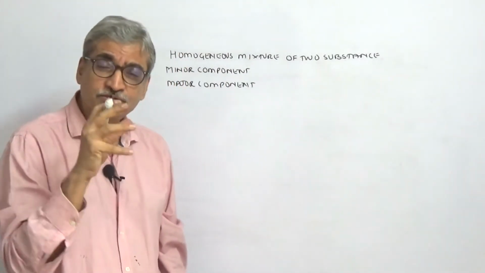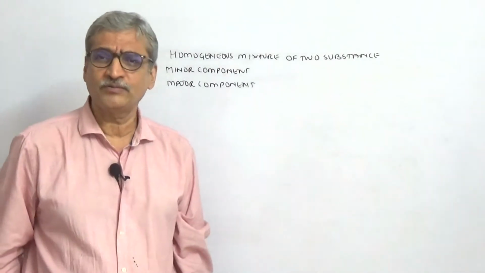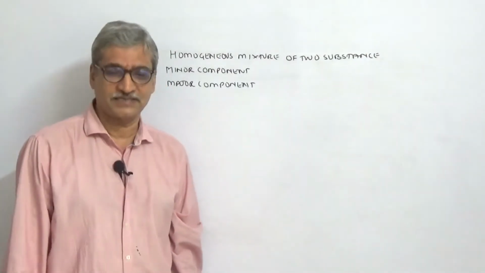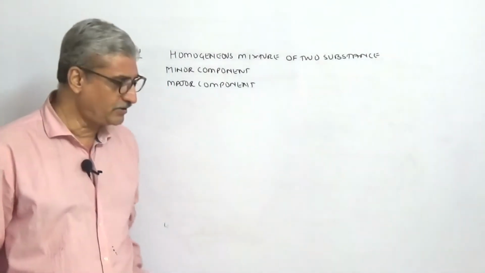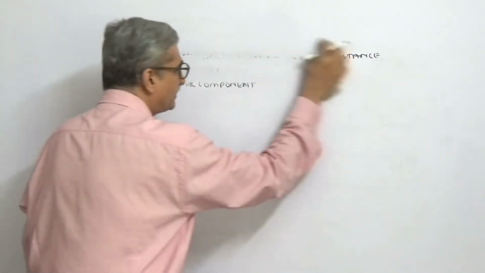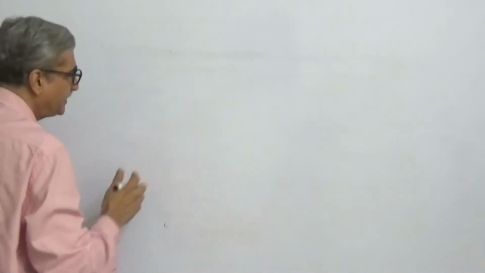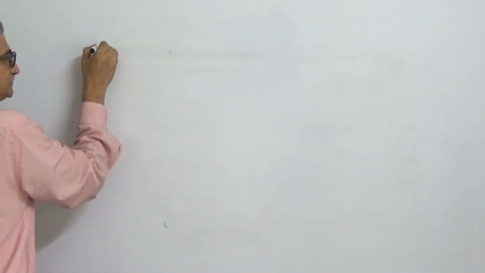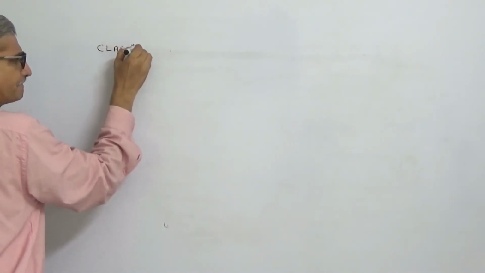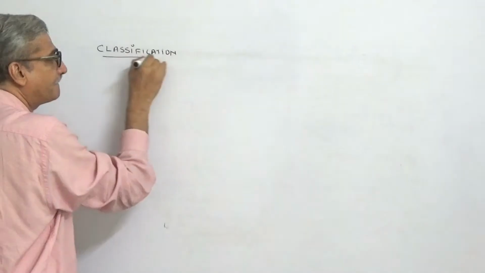So then how are solutions classified? It's a direct 2-mark question that they can ask. Like we had, how are colloids classified? We had sol and all that kind of thing. So here also, how are solutions classified?